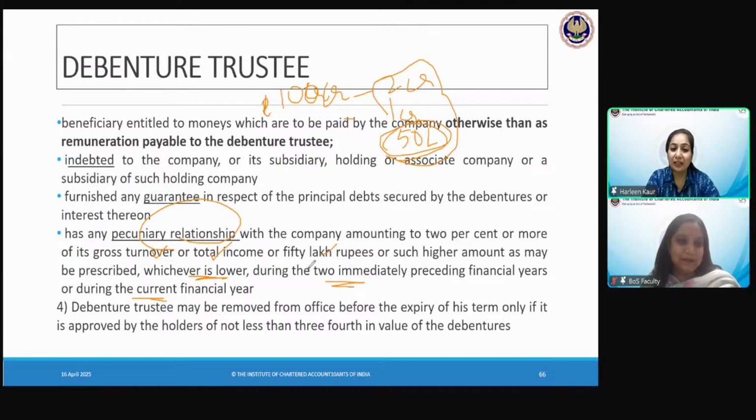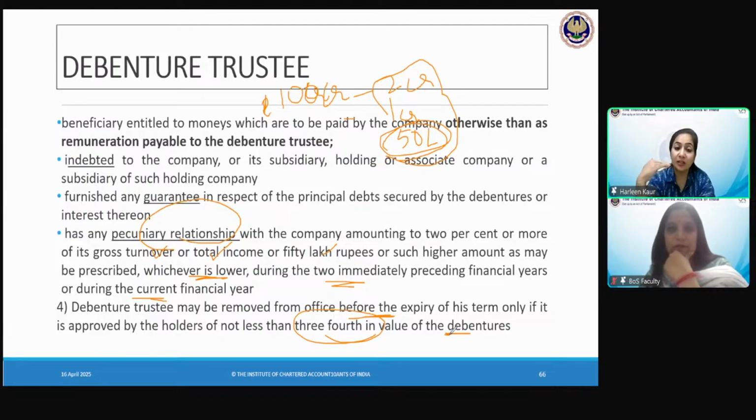All right. So pecuniary relationship we have completed. And the last point says the debenture trustee may be removed from his office before the expiry of his term. Now, when you're trying to remove him, he can either resign or any casual vacancy can occur in his office. But here, if you're trying to remove him, you're trying to change him, then approval of at least 3/4 of the value of debenture holders has to be taken.